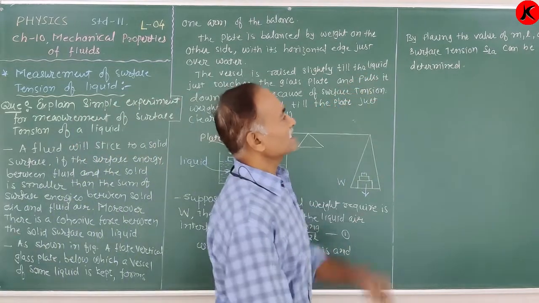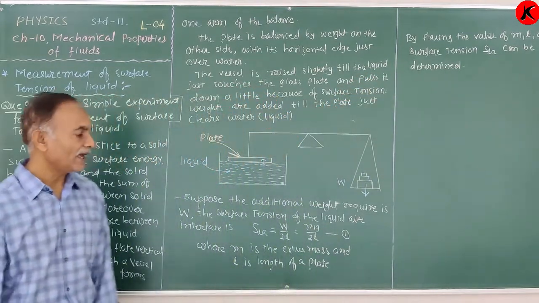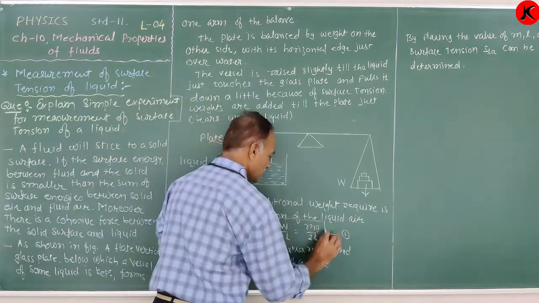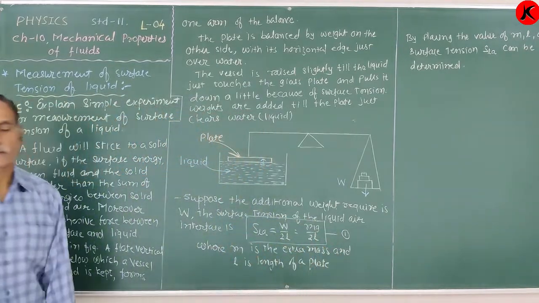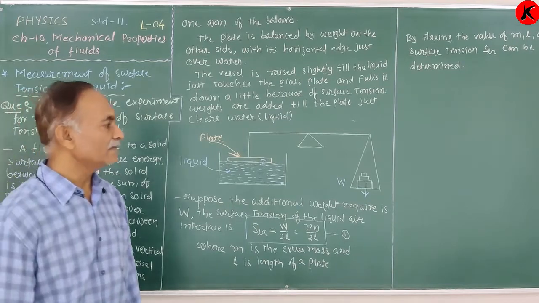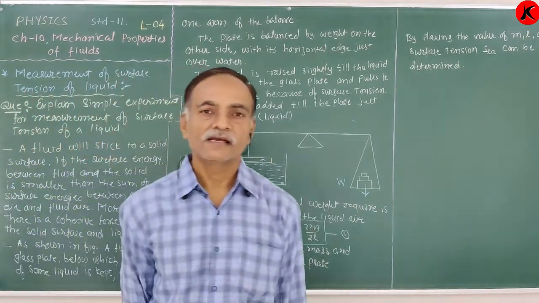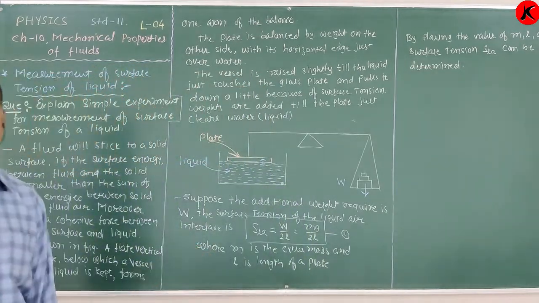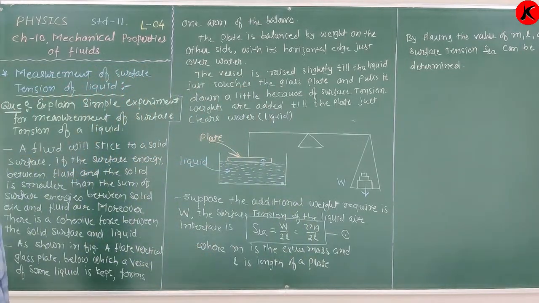By placing the values of m, L and g in this equation, we can determine the surface tension of a liquid. So this is the easy experiment to measure the surface tension of a given liquid. Clear? Okay.